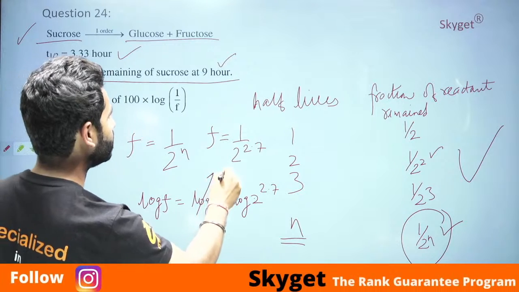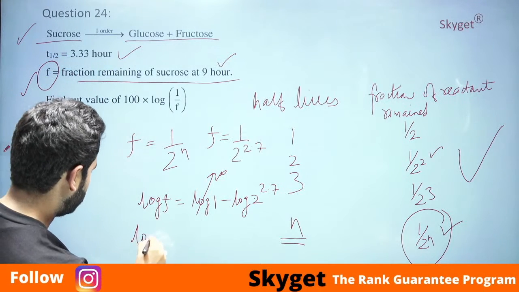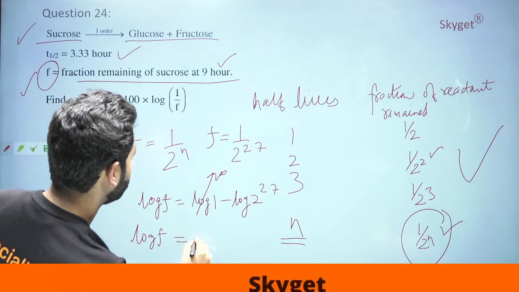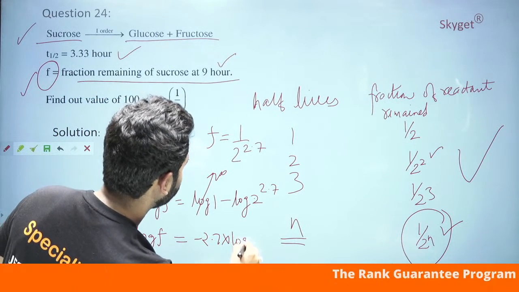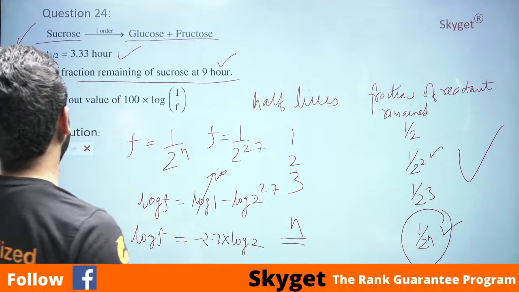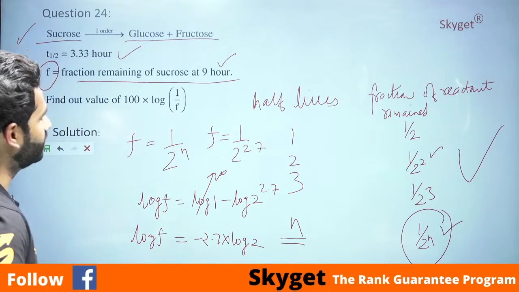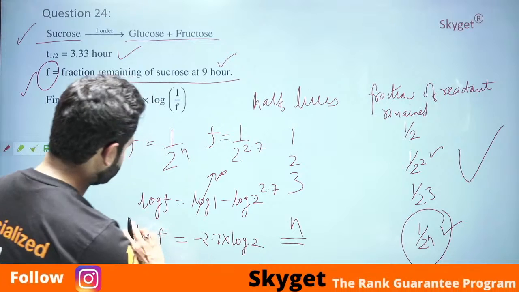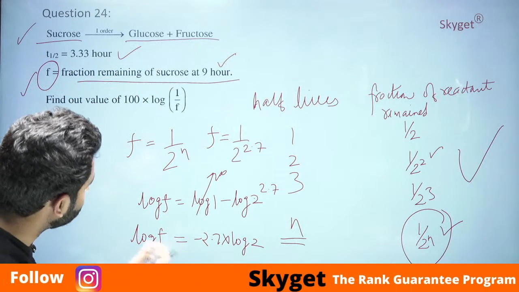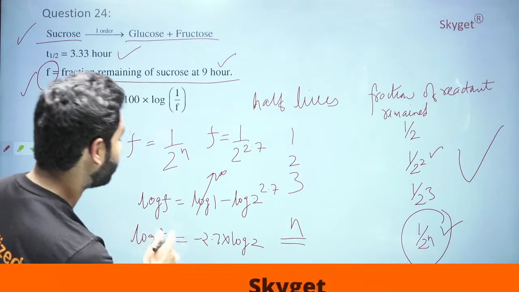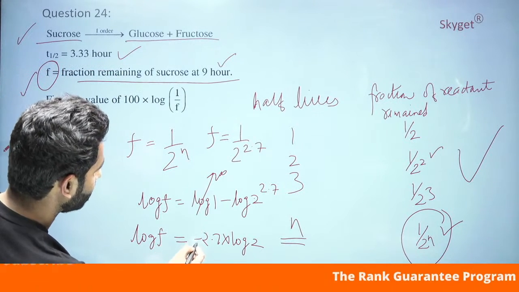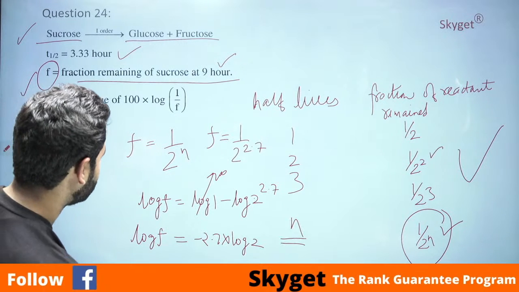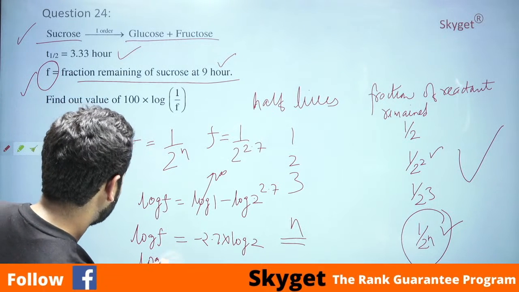Log of 1 is 0. Log of F is equal to minus 2.7 into log of 2. And if this minus sign comes to the other side, what we get is log of 1 by F.